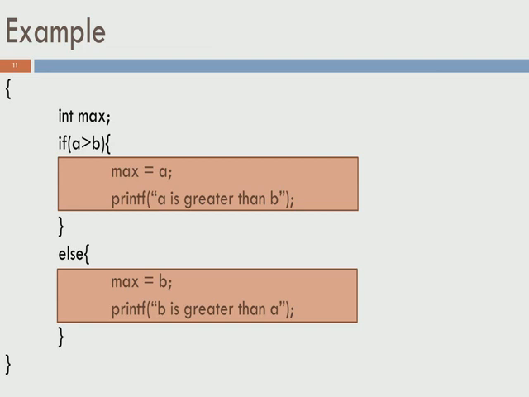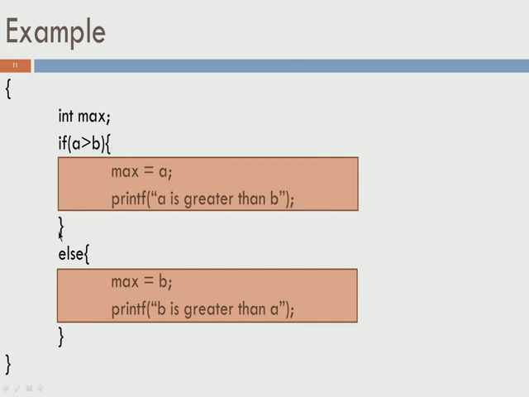If you notice, you have left and right braces for the if a greater than b case, and left and right braces for the else clause also, and each is one logical unit. If a is greater than b, the maximum is indeed a, and you can also print. I highlight it in orange here. However, the compiler only looks at the left and right braces.